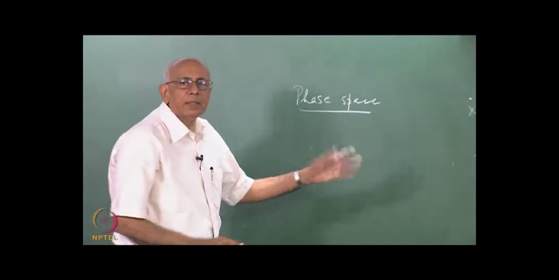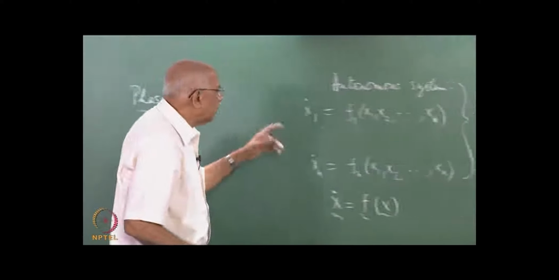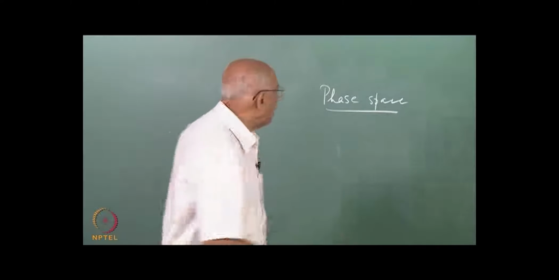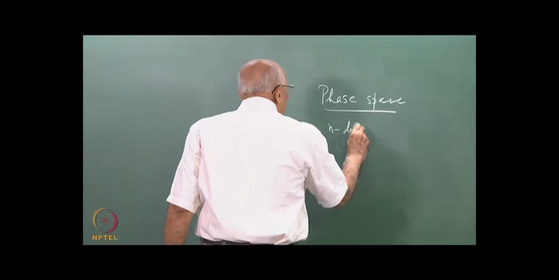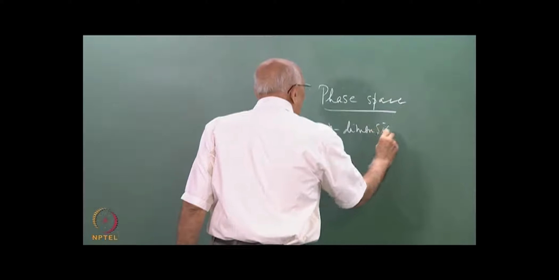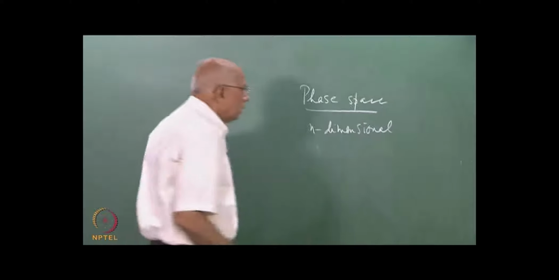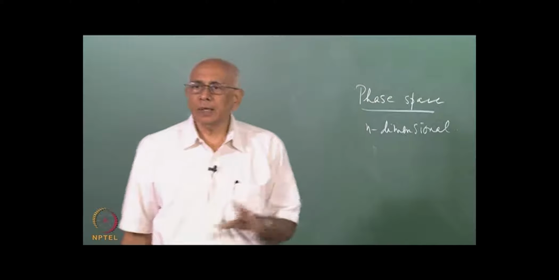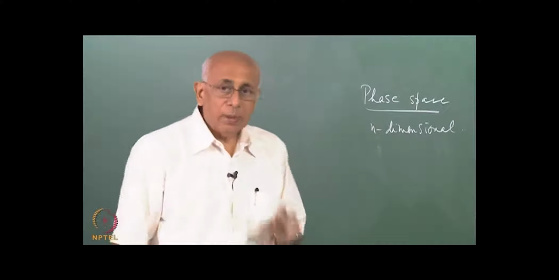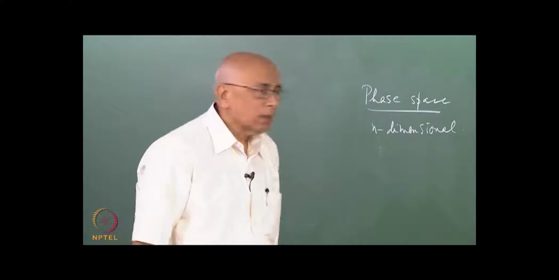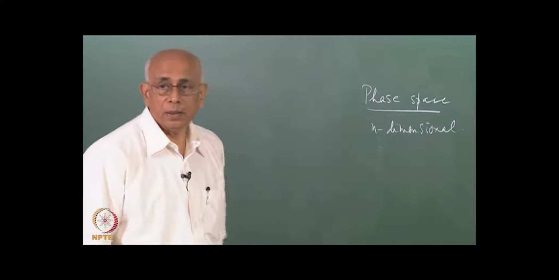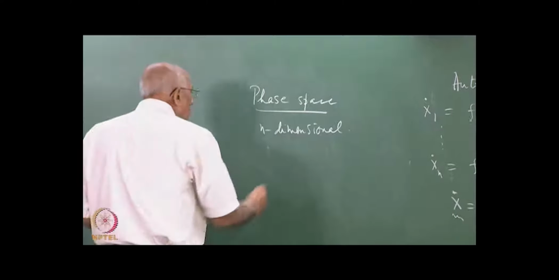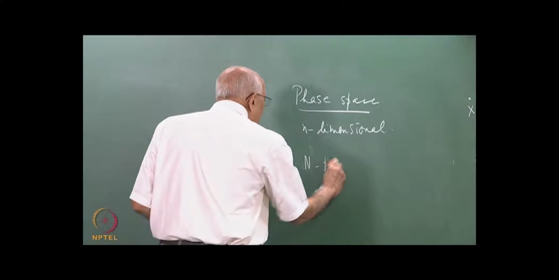This is simply the space of the set of dynamical variables x1 to xn, and that in our case is n dimensional. Just to set a physical example, if I had a single particle moving in 3-dimensional space, then I need 3 position coordinates, 3 momentum coordinates, then the phase space is 6-dimensional in this case. If I have n different particles moving, capital N different particles moving, so here is an n particle system.